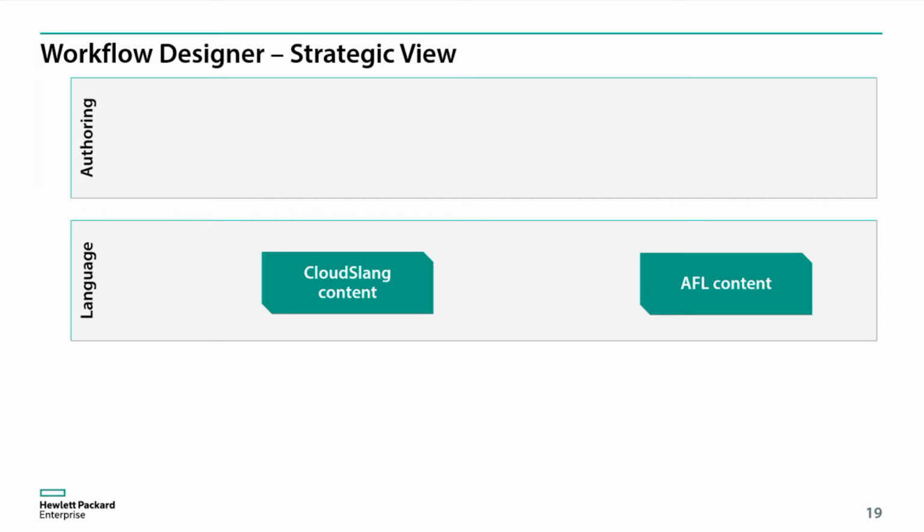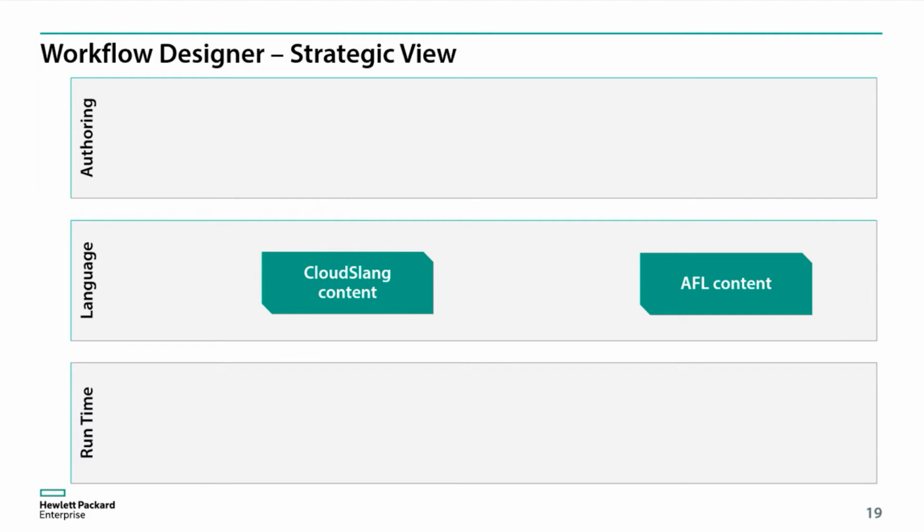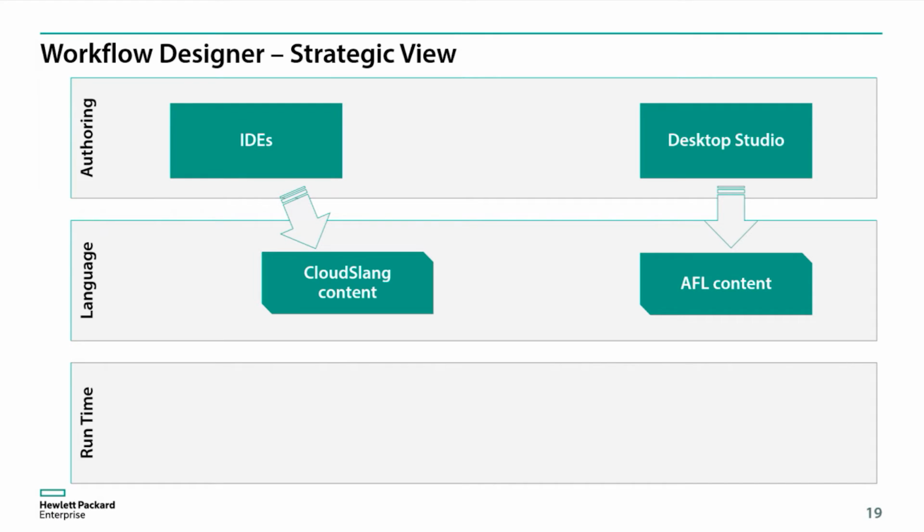So there is an authoring lane, and it needs to be run also somewhere. So we have the runtime here. If we go even further and picture the authoring, for the AFL content we have the desktop studio. For the CloudSlang content, I mentioned, for instance, IntelliJ. So we have IDEs.